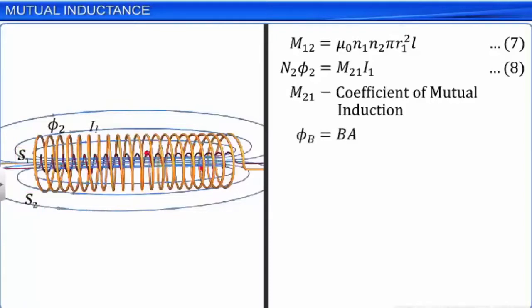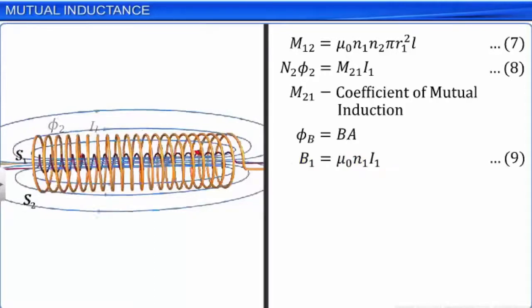The magnetic flux is equal to the product of the magnetic field strength and the area. The magnetic field B1 due to the current I1 in solenoid S1 is given by B1 is equal to mu naught N1 I1. Let this be equation 9.